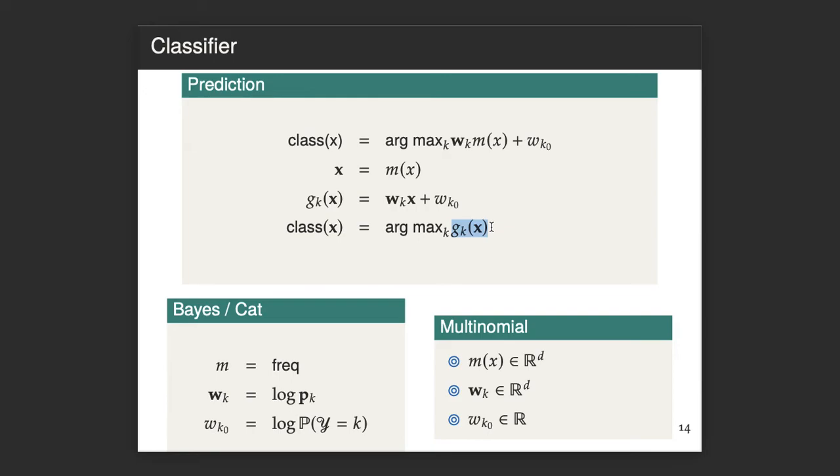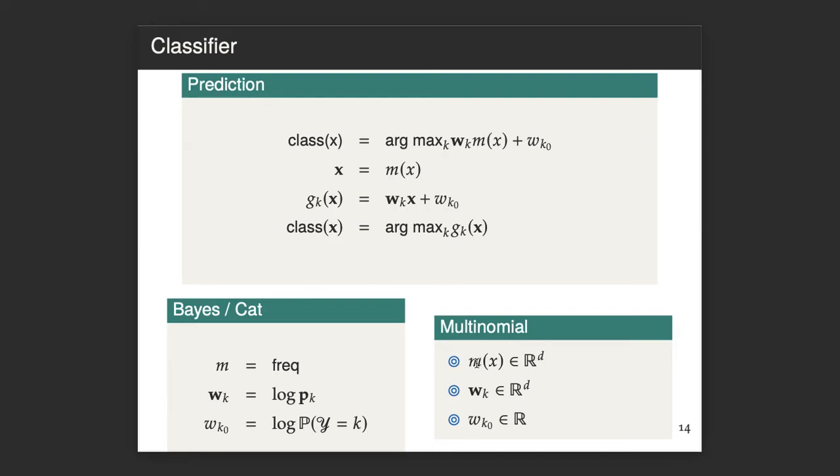Now, for the Bayes case, we're using Bayes' theorem. M is the frequency, W is this one, and we know how to estimate this one, and the bias is the prior. And for the multinomial case, M is a function that lives in a d-dimensional space.